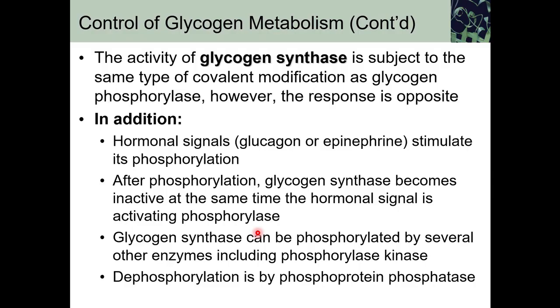This has a basis, because epinephrine is the hormone responsible for that. Epinephrine, as we mentioned here, stimulates the phosphorylation of glycogen synthase. After phosphorylation, glycogen synthase becomes inactive, but the same hormone, epinephrine, activates glycogen phosphorylase. And you remember, glycogen phosphorylase releases glucose.